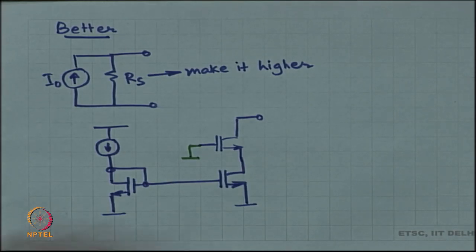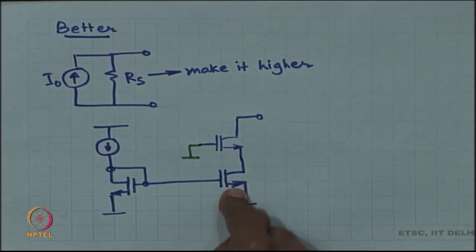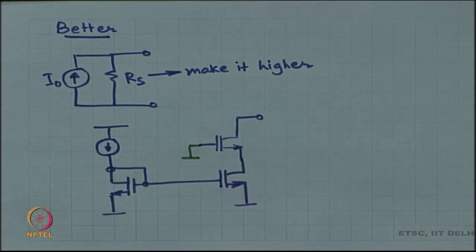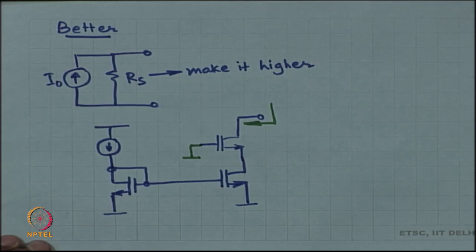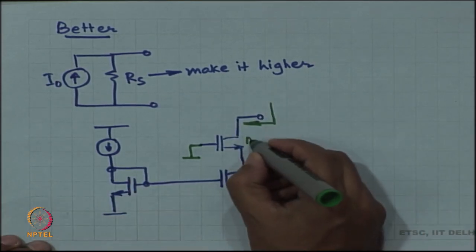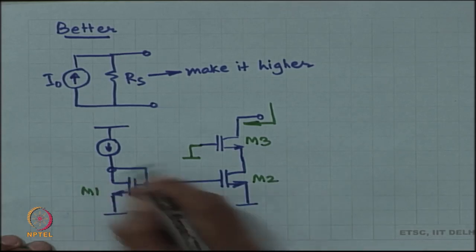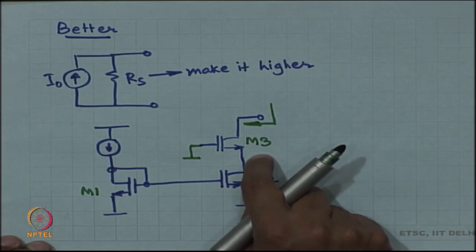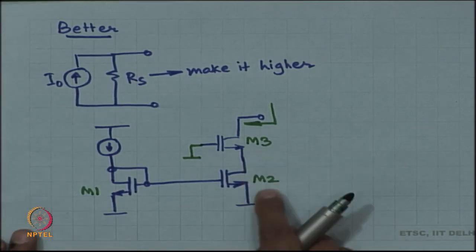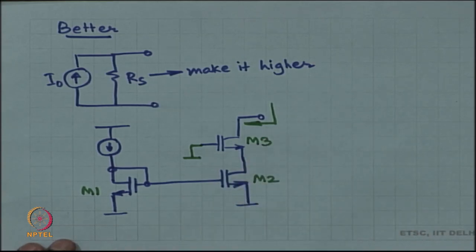So, if I add a common gate stage on top of this basic current source, then what is going to happen? The output impedance that I see now is going to increase, because now the output impedance is the intrinsic gain of M3 times RDS2 plus RDS3.